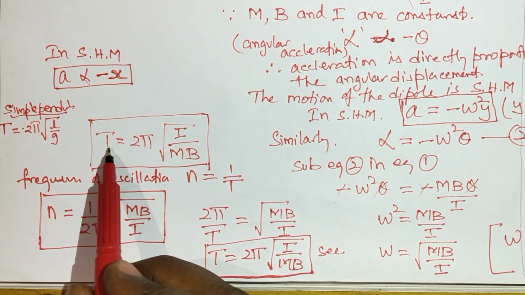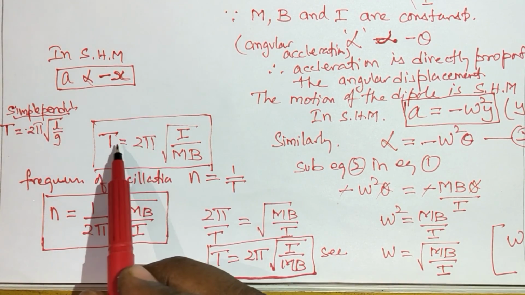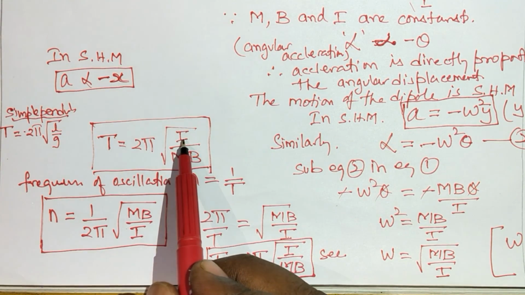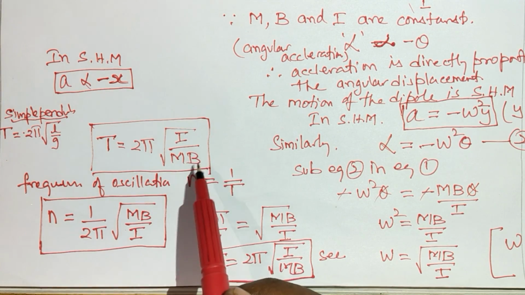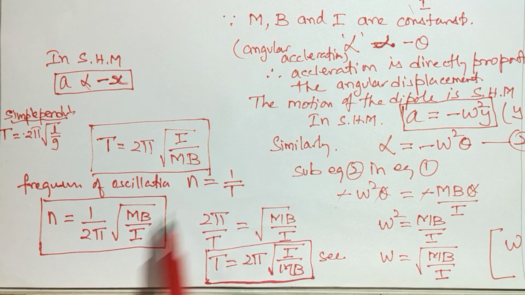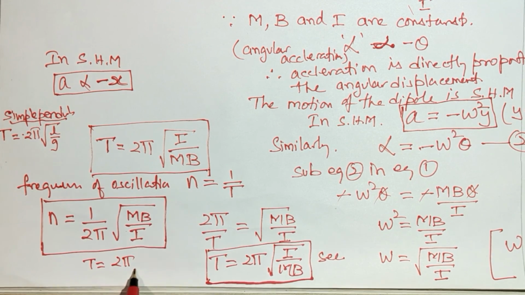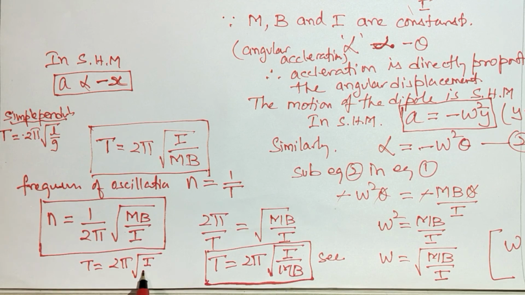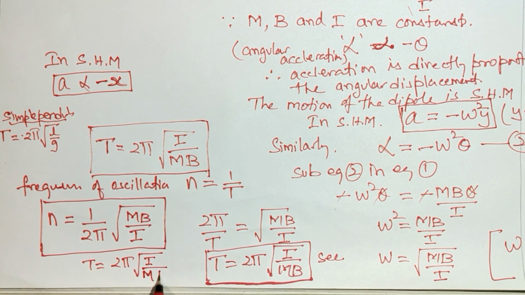But here we observe that the time period of oscillation of a magnetic dipole placed in a uniform magnetic field depends upon the moment of inertia of that magnet, the magnetic moment, and the field in which it is placed. If it is placed in the Earth's magnetic field, then the same formula can be written as T is equal to 2 pi square root of I. The moment of inertia of that magnet remains I, and the magnetic moment is M, but the field in which it is placed is what?